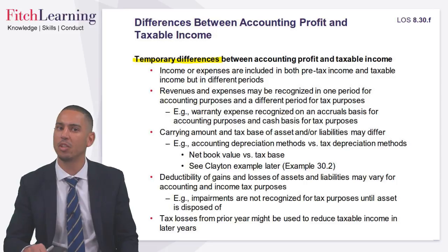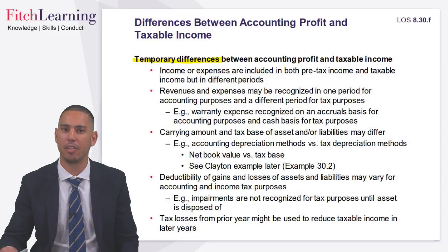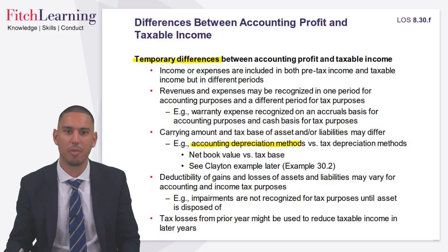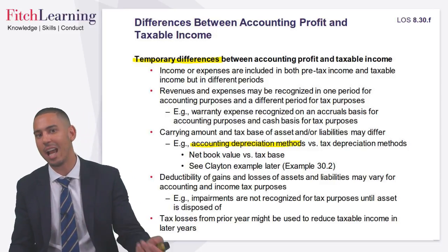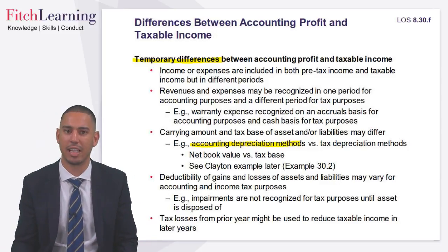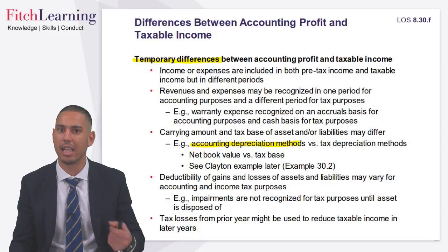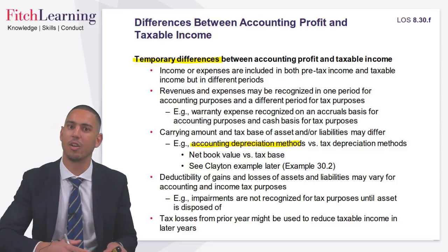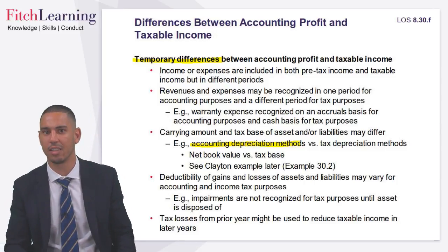And probably the most common temporary difference you're going to have is for depreciation methods. My accounts say that I'm going to depreciate over 10 years. The tax authority says that asset needs to be depreciated over 15 years.